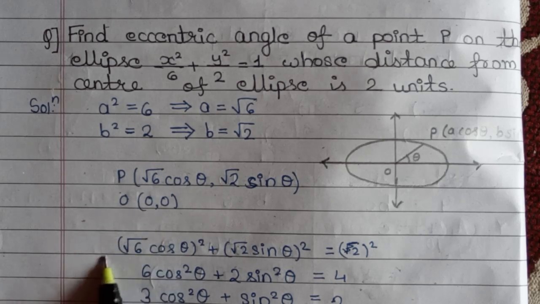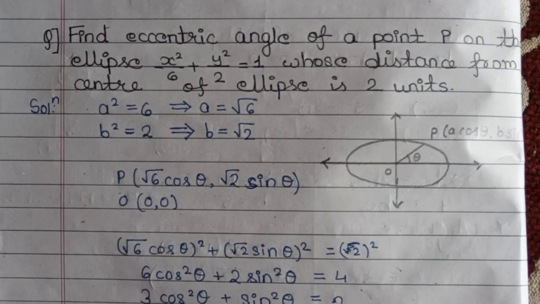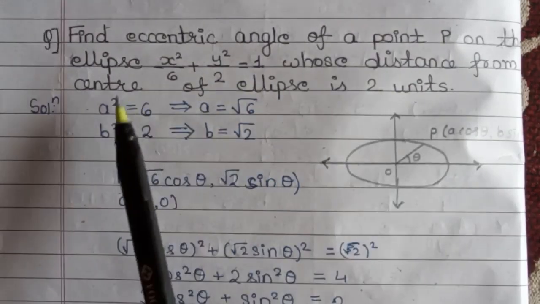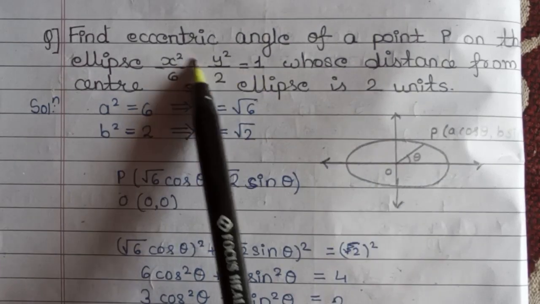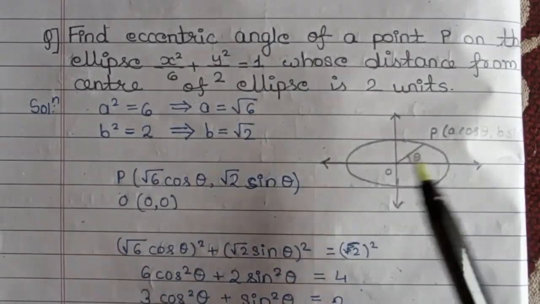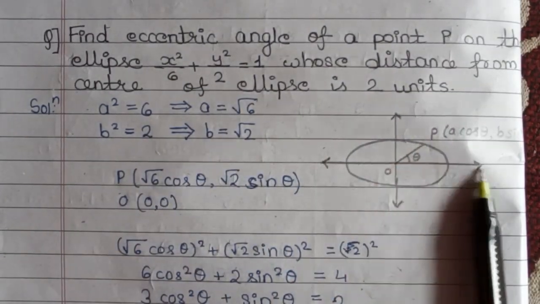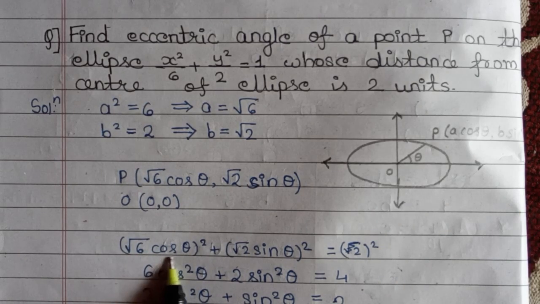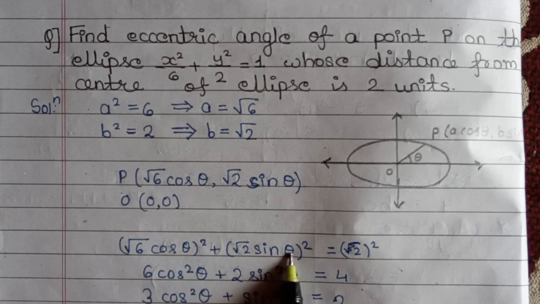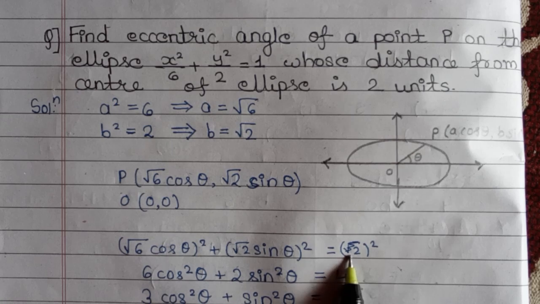So in the question they have given that the distance of the center of ellipse and the point P is 2 units, meaning this distance OP is 2 units. You can write this as root 6 cos theta the whole square plus root 2 sin theta the whole square, and the distance square, which is 2 square.